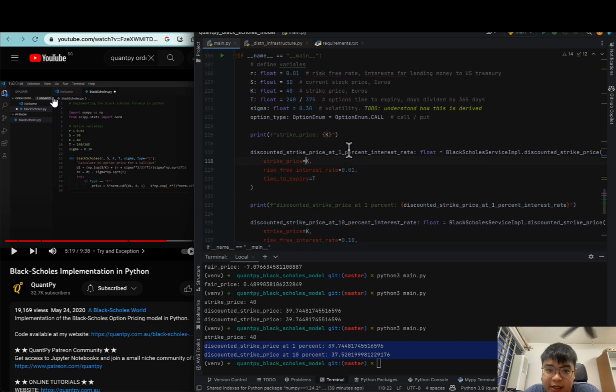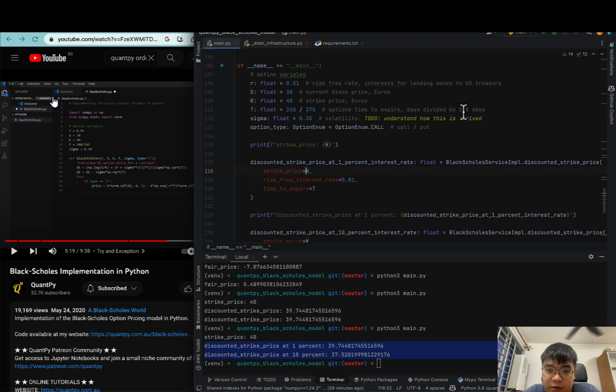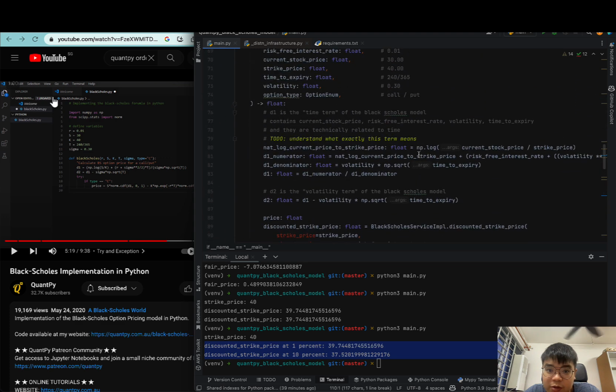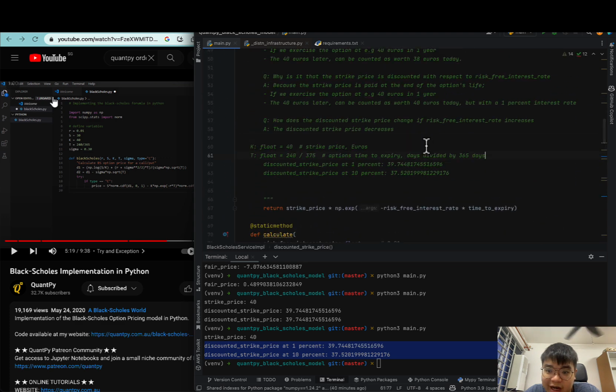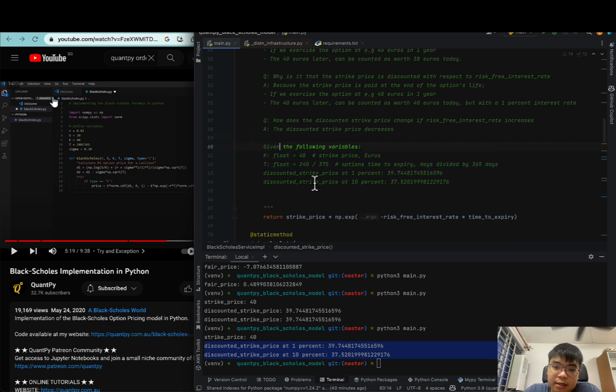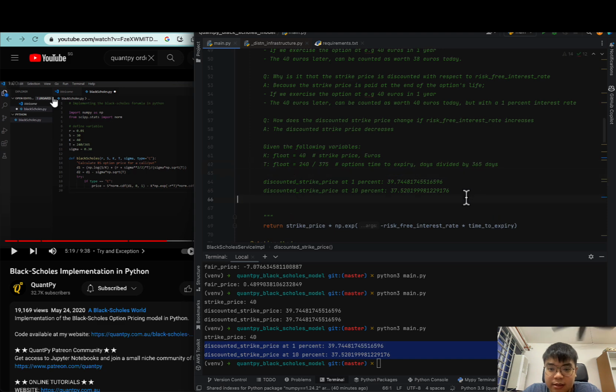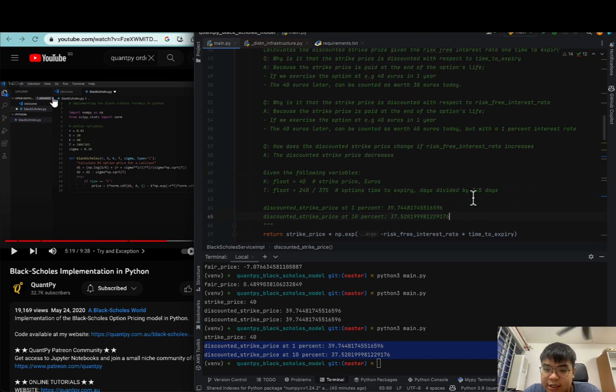So given K equals to 40 and T equals to 240 divided by 375. Okay, discounted strike price at 10% is actually lower than the one at 1%.